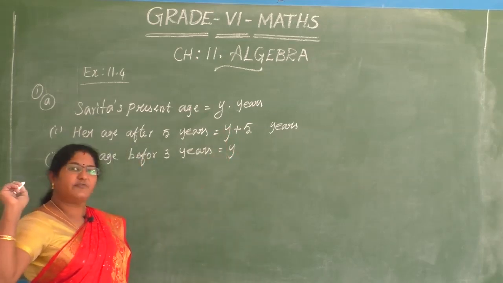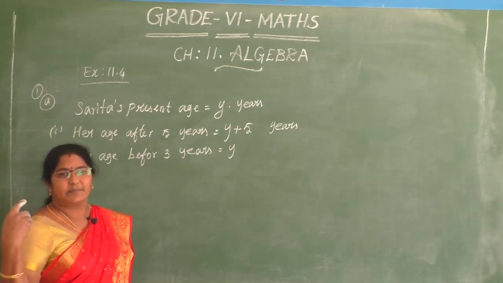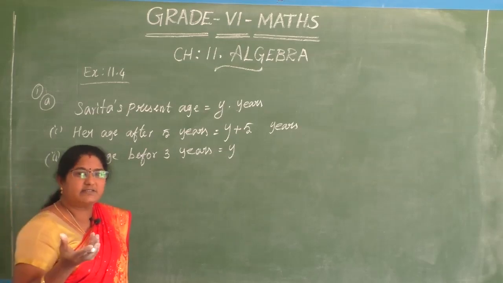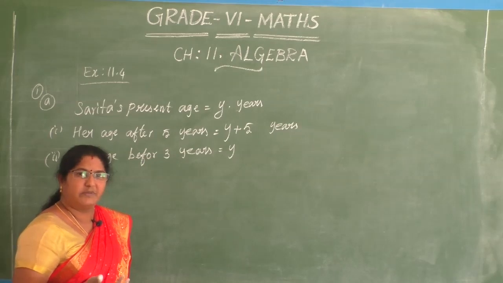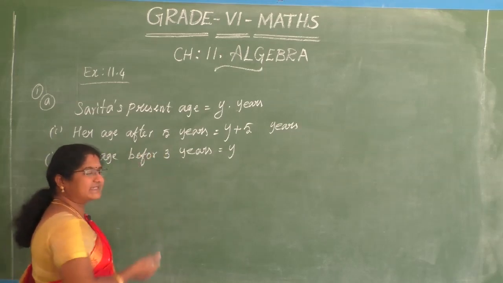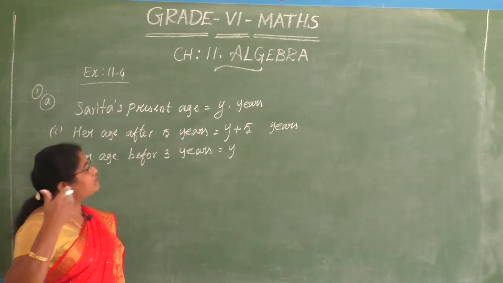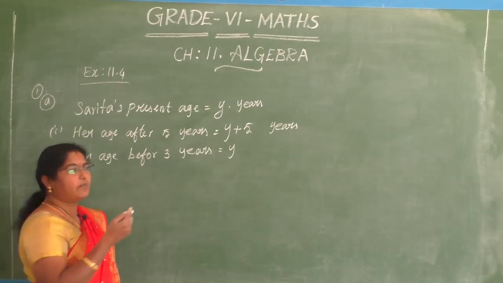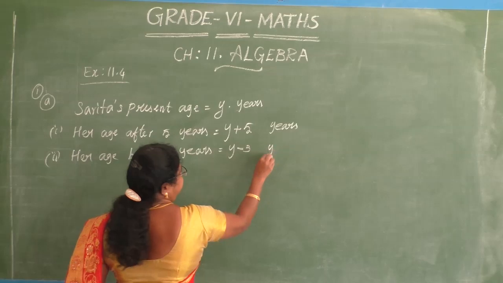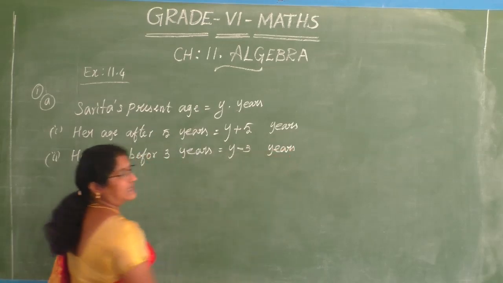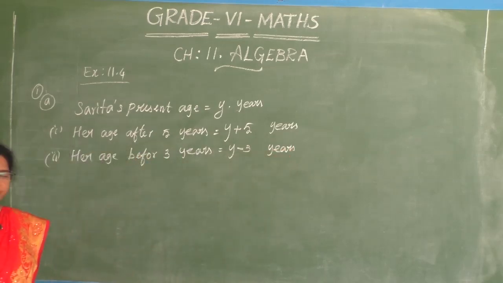What will be the age before 3 years? We have to subtract. 3 years ago I was 0, a newborn baby, isn't it? Likewise, at present she is y years, so 3 years back her age is y minus 3 years. Do you understand? Okay.